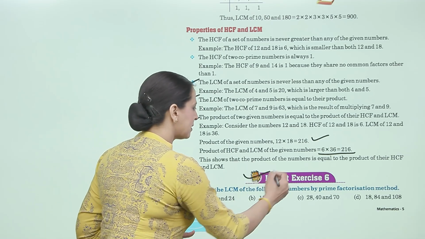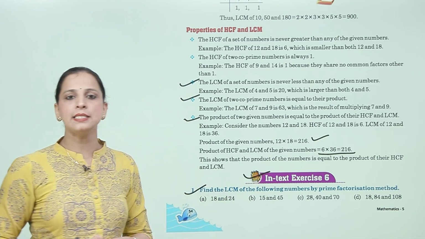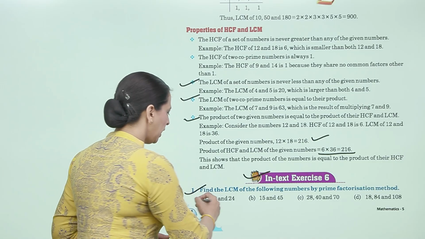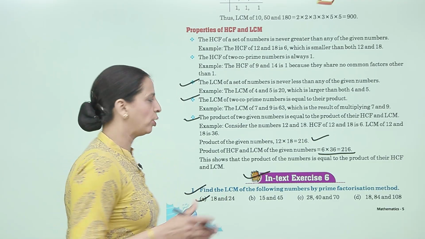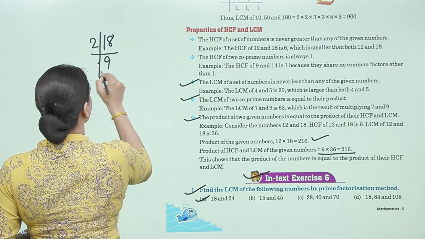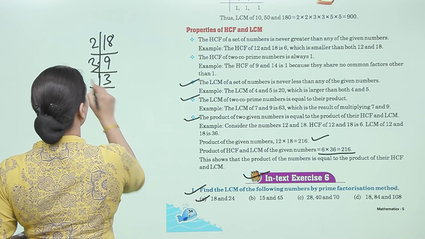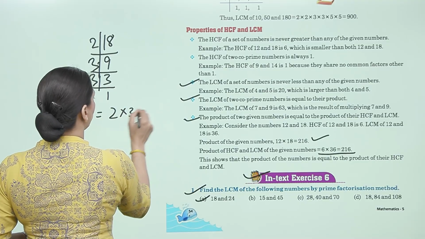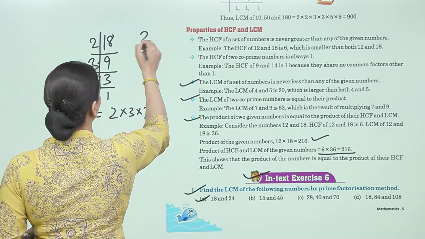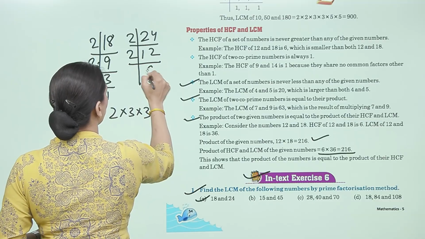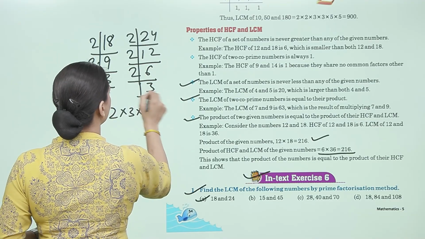Now, in Exercise 6, question number 1, find the LCM of the following numbers by prime factorization method. Now, A part, 18 and 24. Now, prime factors of 18: 2 9s are 18, 3 3s are 9, and 3 1s are 3. So, 2 into 3 into 3. And 24: 2 1s are 2, 2 2s are 4, 2 6s are 12, 2 3s are 6, and 3 1s are 3.